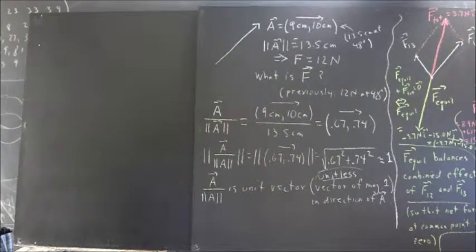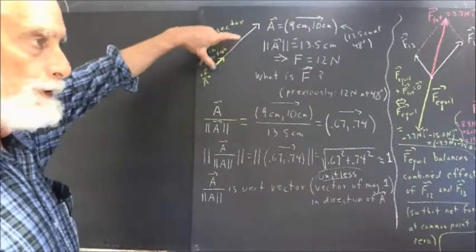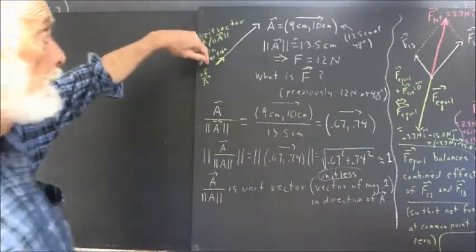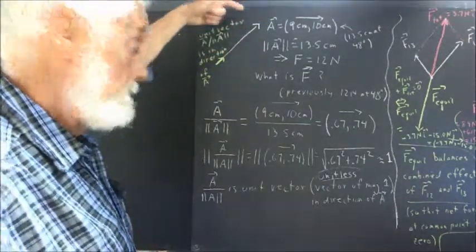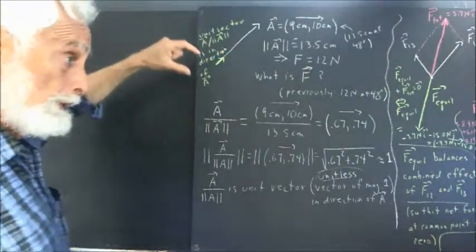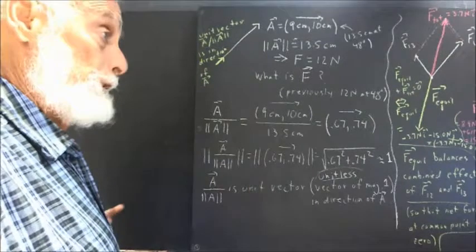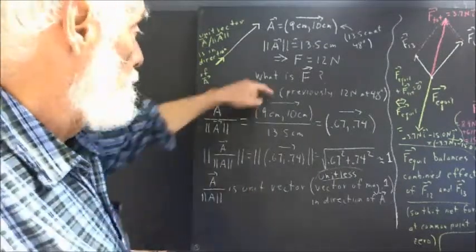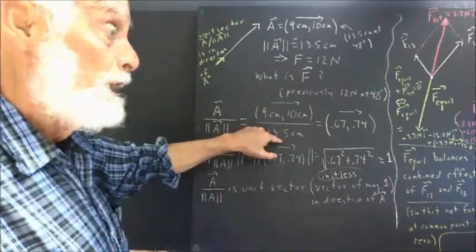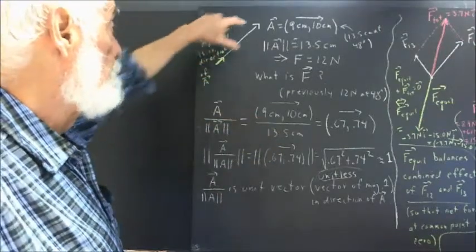Now let me draw a couple of things. Okay, I've sketched a vector here. I could sketch any length I want because remember, this A vector is in centimeters. This vector is unitless. Centimeters and unitless don't have the same measurement. If we just divided A by 13.5, then the vector would have a length of 1 centimeter.